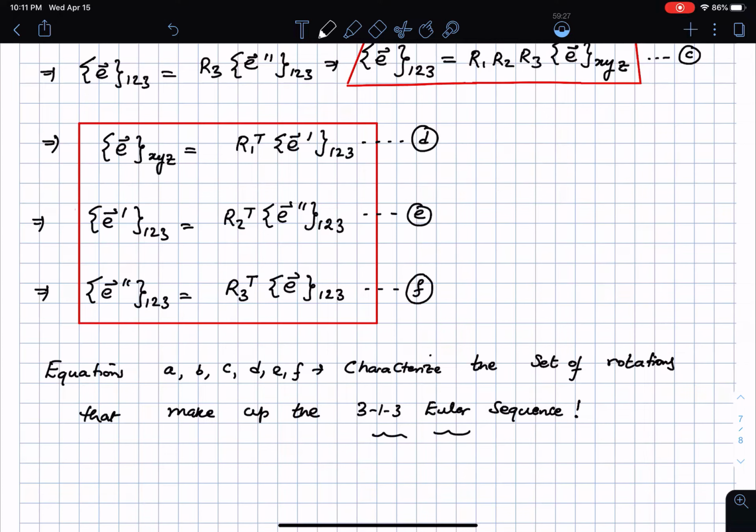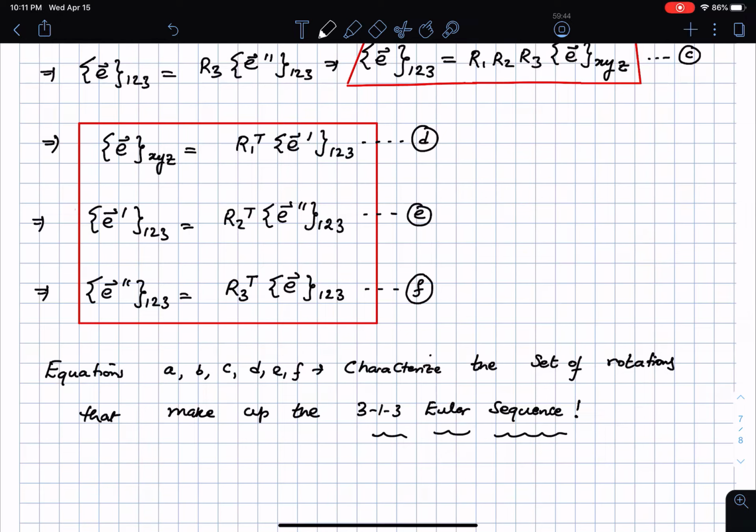And of course, if you chose a different set of rotations, like the 3-2-1, then the rotation matrices that you end up with will not have the same form as what you're seeing here. They will be slightly different to look at, but the qualitative aspects of the problem will not change.